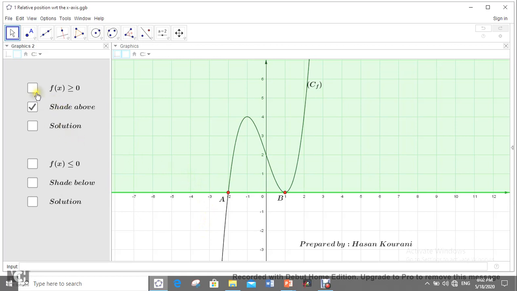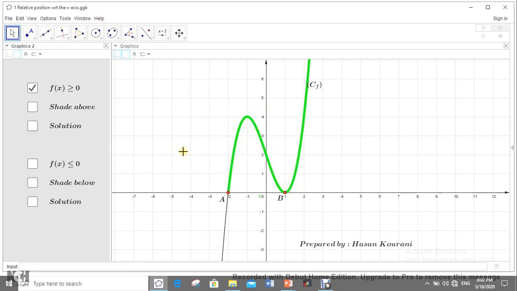Simply, this is the required part which lies above the x-axis or on the x-axis, since we have f of x greater than or equal to 0. So here the function is 0, and here all the y values are positive.